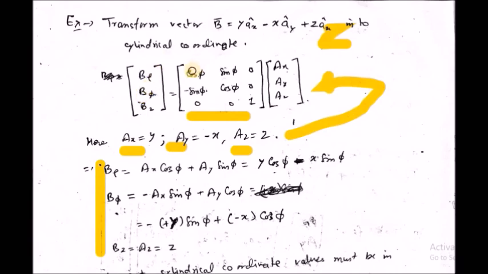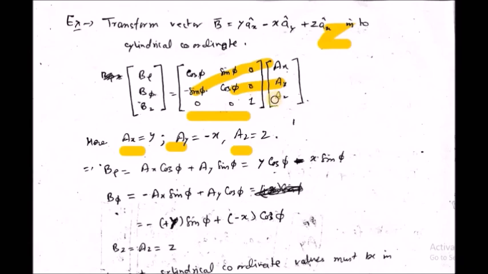So B rho is what? B rho is Ax cos phi plus Ay sin phi plus 0 into Az, that is 0. Then B phi will be minus sin phi Ax plus cos phi Ay plus Az times 0, so it is minus Ax sin phi plus Ay cos phi simply.